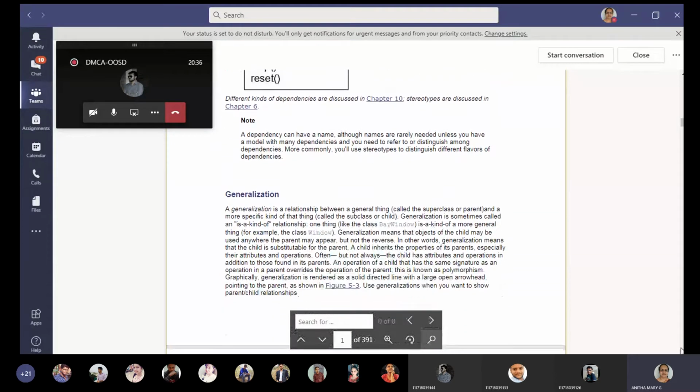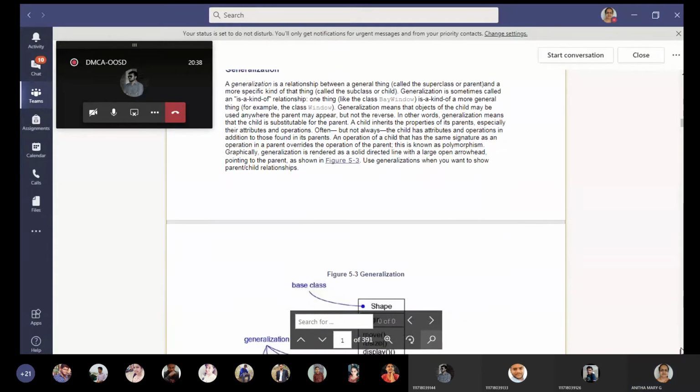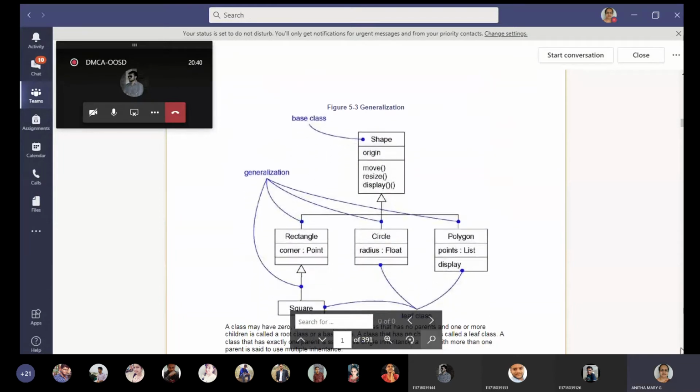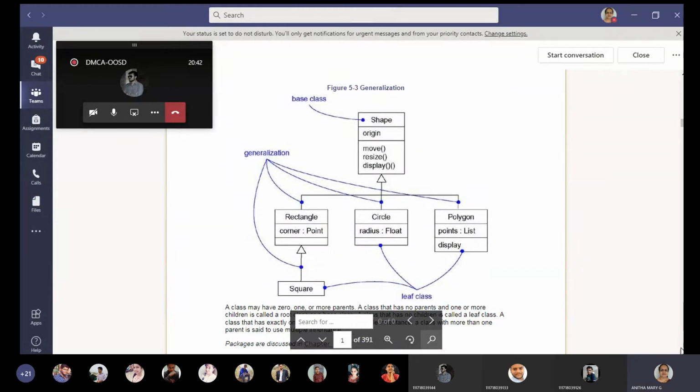And then moving on to generalization. Generalization, as I told you already, is the parent-child relationship. Here the example of shape is given. I hope you might have studied this example in C, C++ and so on, where you studied inheritance. The shape class will be the base class, and rectangle, circle, polygon are the subclasses. Under shape, what are the different types, varieties?